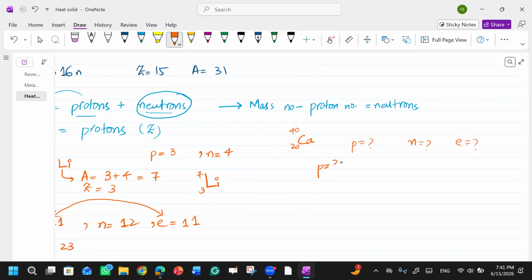Neutrons would be 40 minus 20, because the total mass number minus the proton number gives the neutron number, that is 20. Electrons are the same as protons, so 20. Whenever they ask you the neutron number, you just subtract the protons from the mass number. Simple.